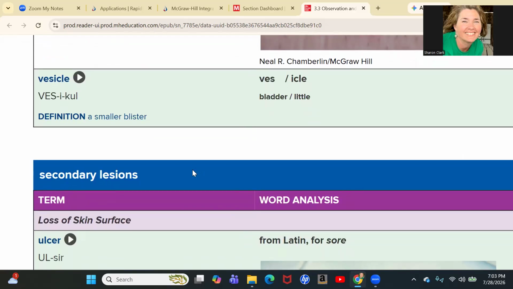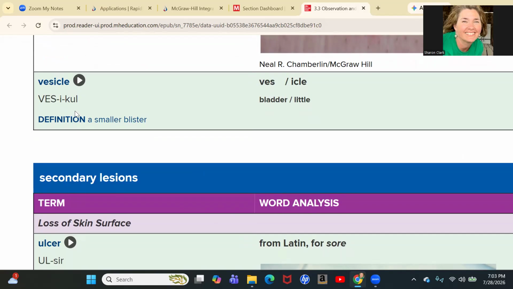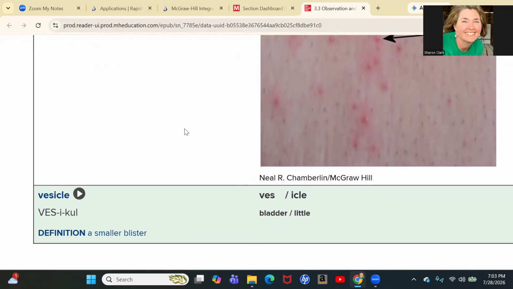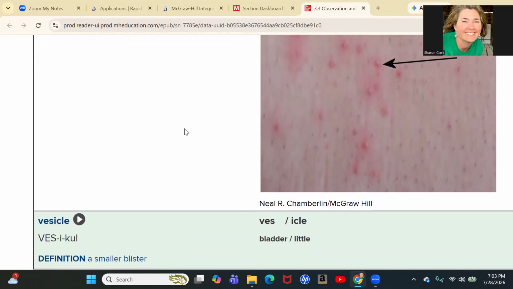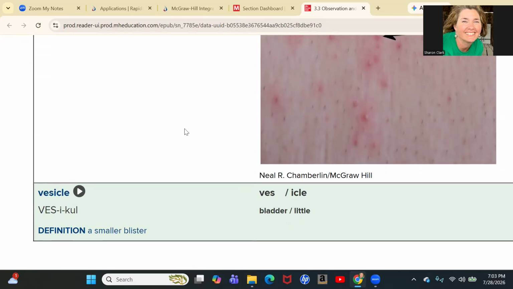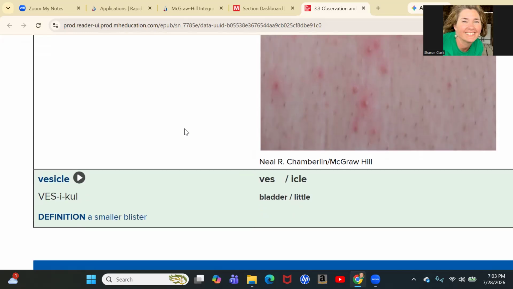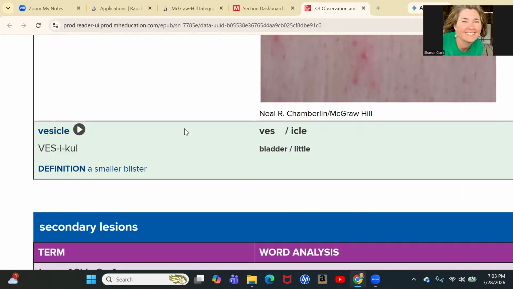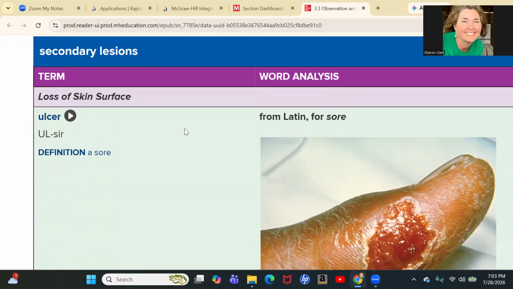And a vesicle, a smaller type of blister. When you get into dermatology, or cosmetology or aesthetics, you'll go deeper into the different terms and types of some of these skin conditions.